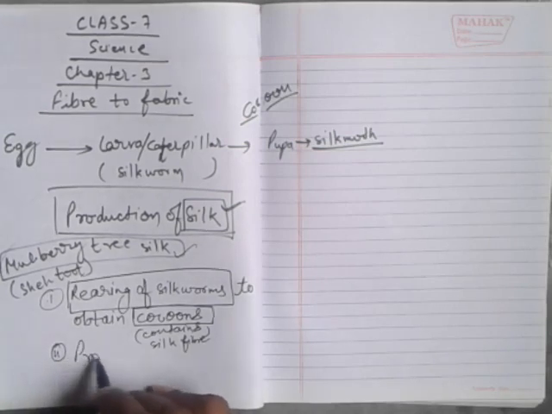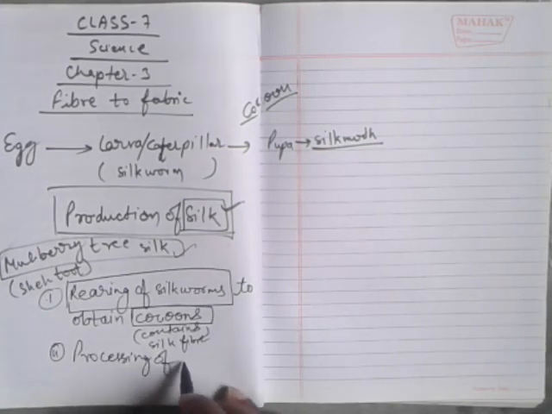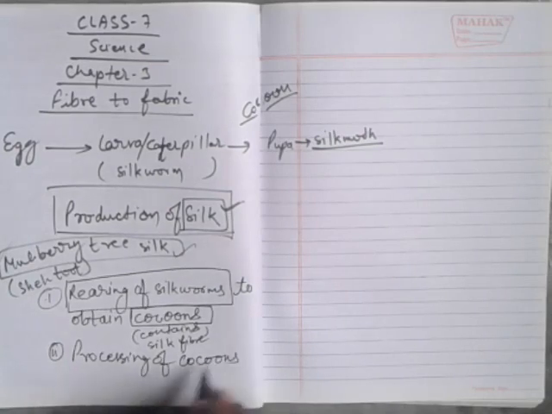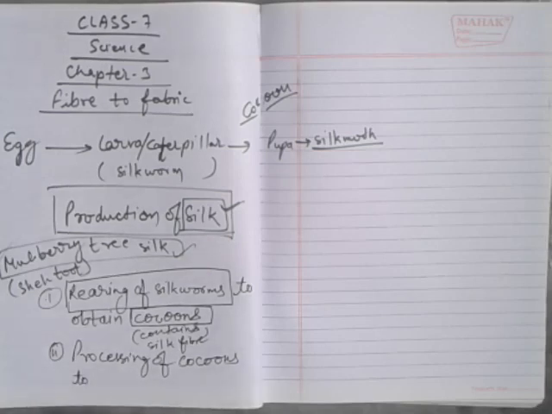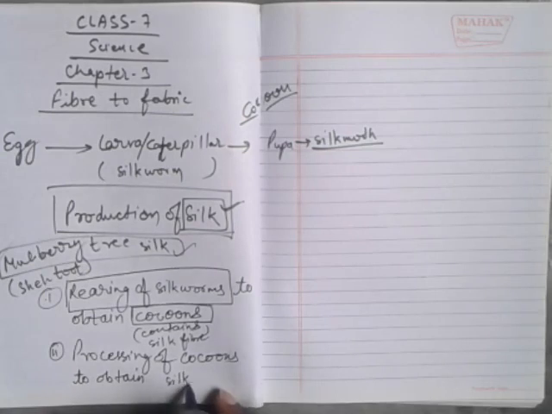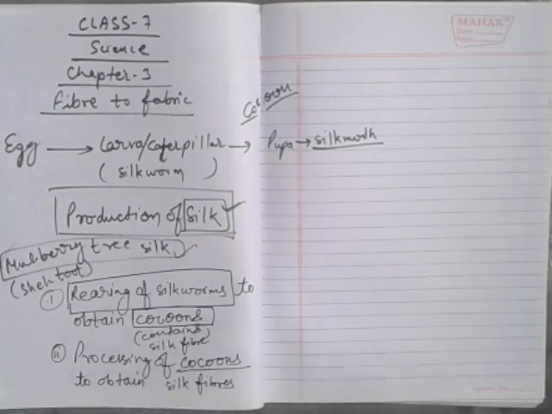Means processing of cocoons to obtain silk fiber, from the rearing of the silkworm.